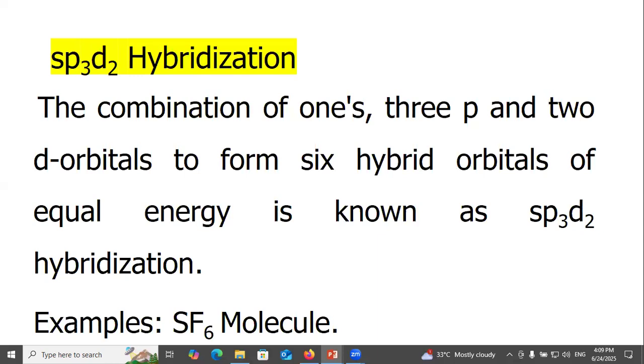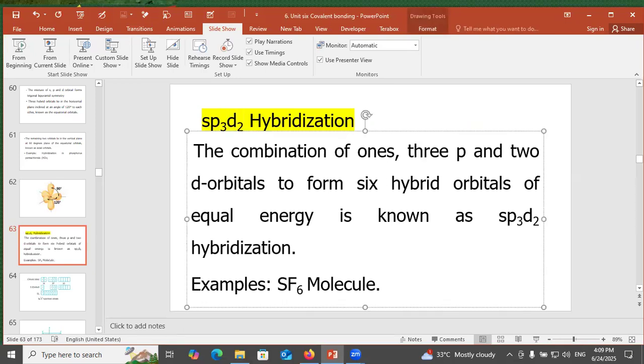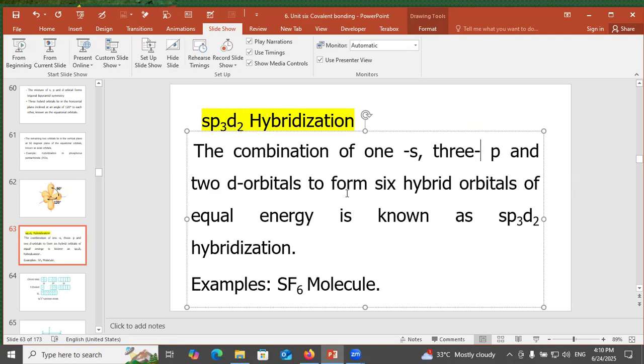sp3d2 hybridization: the combination of one s, three p, and two d orbitals to form six hybrid orbitals of equal energy is known as sp3d2 hybridization.